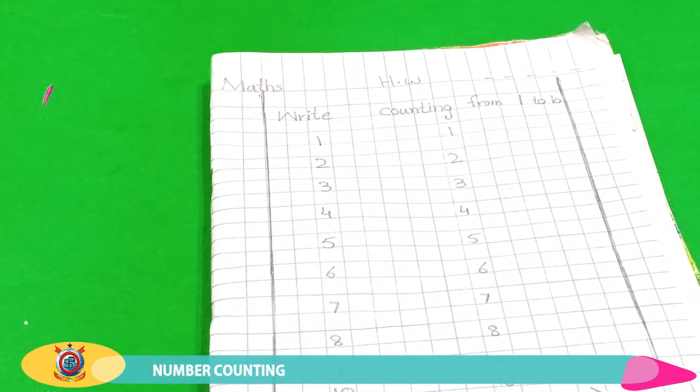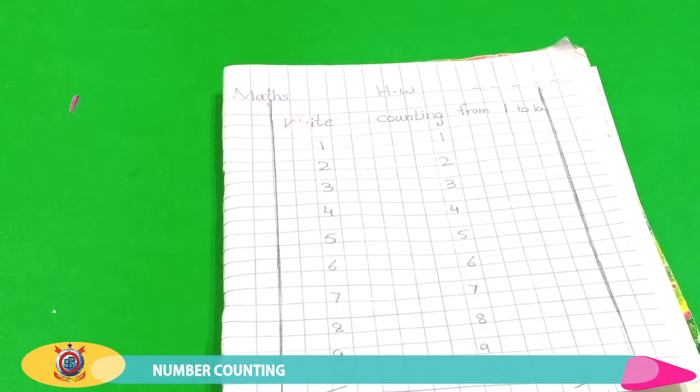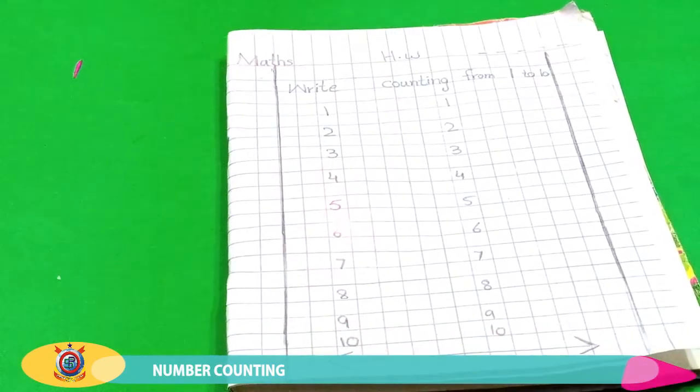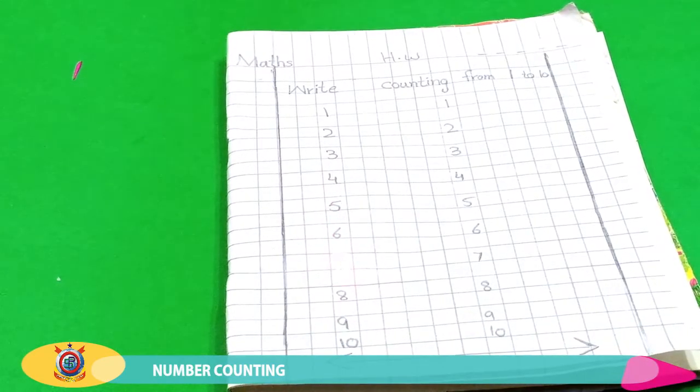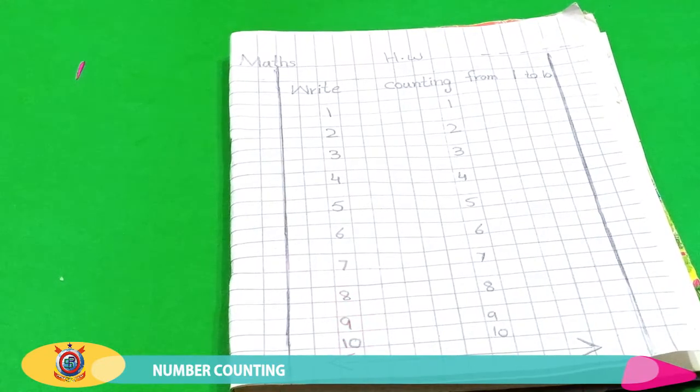Then you will leave one line here, and then you will start counting from here. You will write here 1, 2, 3, 4, 5, 6, 7, 8, 9, 10.